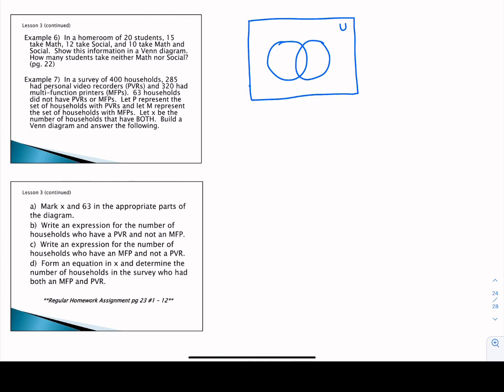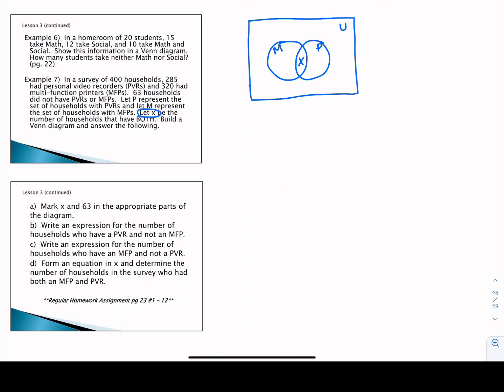Now, if we don't know how many people have both, what we need to do is choose a variable. And in this case, it's saying let X be the number of households that have both MFPs and PVRs. So we're going to put an X dead center here because that's the overlap. We have multifunctioning printers on one side and we have PVRs on the other side.